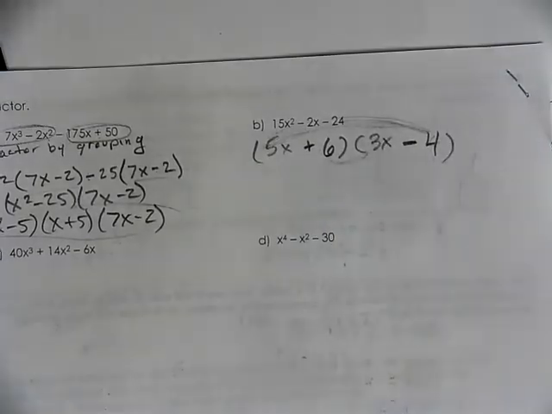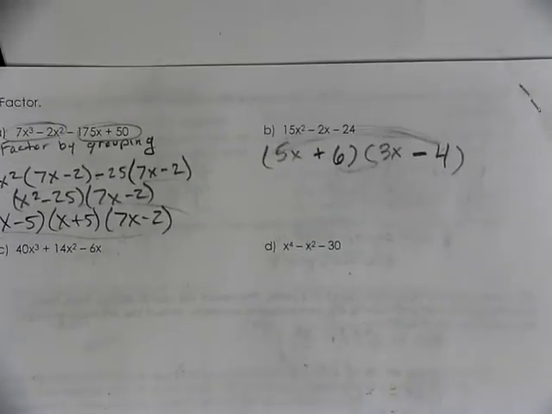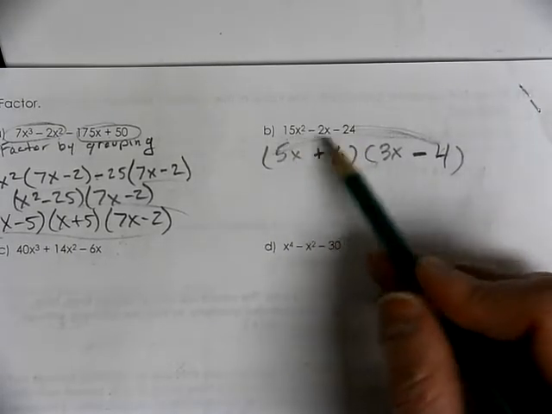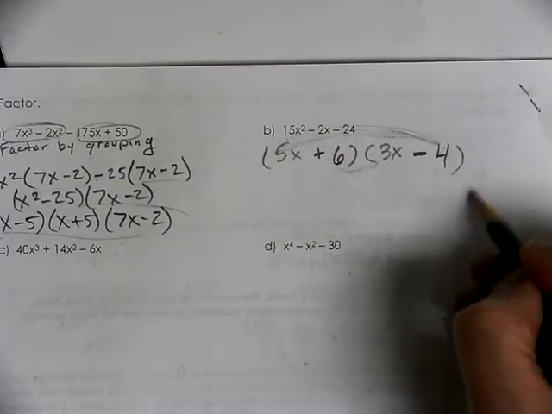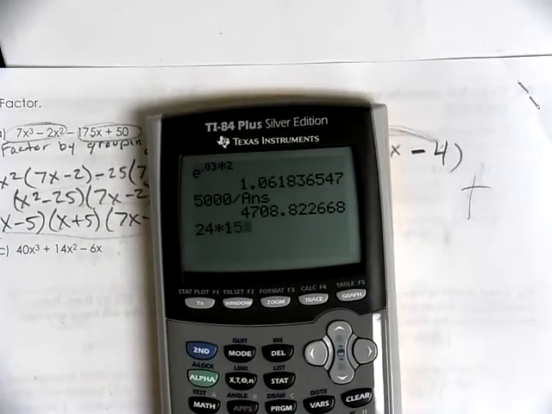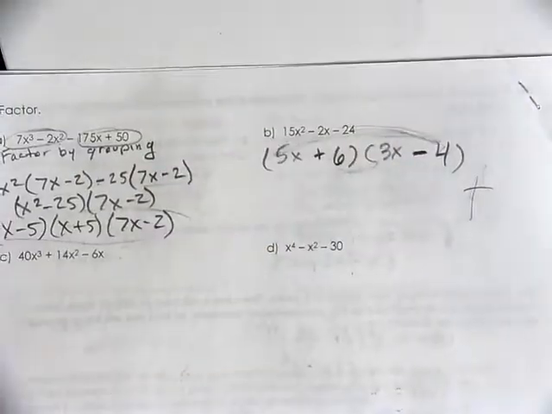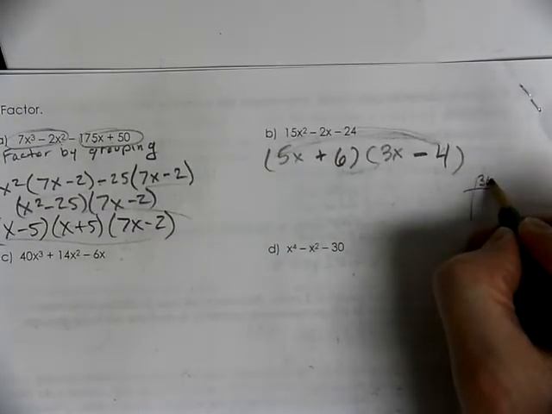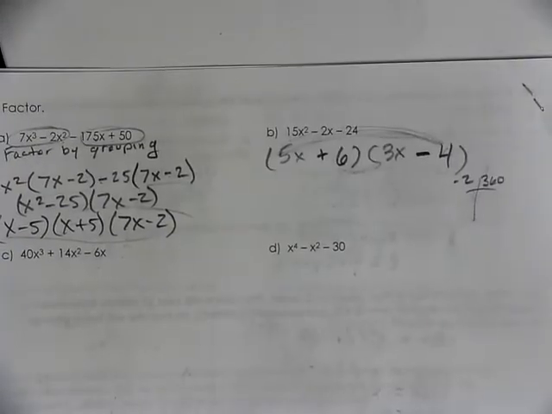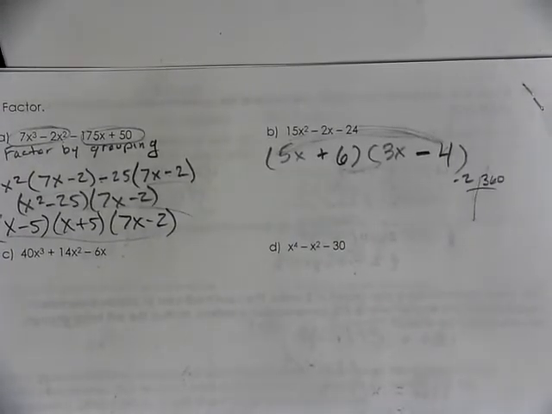So that's called guess and check. I find that to be a little tough for some people to be real accurate on. But again, dealing with this one where you had to multiply to be 24 times 15, you had to be 360. That added to be positive 2. You knew they had to be 2 apart from each other.